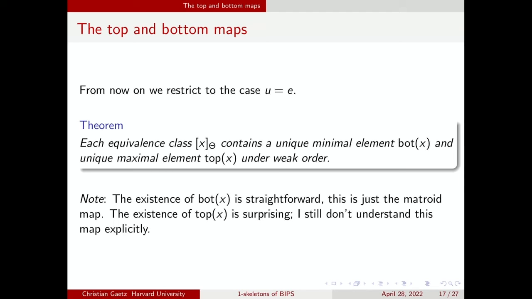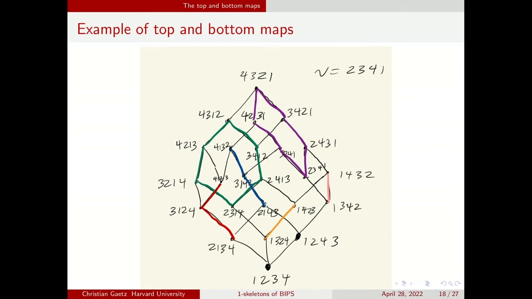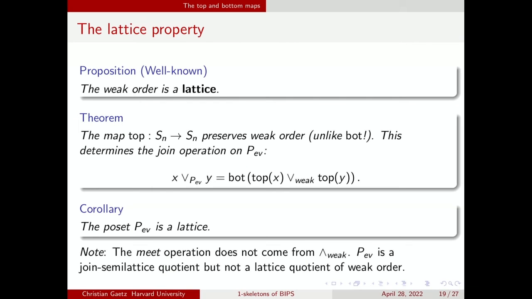And the second important fact, so here's another example showing minimal and maximal elements. The second important fact will be that this top map preserves the weak order. So what do I mean by that? I mean, if A is less than B in weak order, and I map A to the top of its equivalence class and B to the top of its equivalence class, the one will still be less than the other.